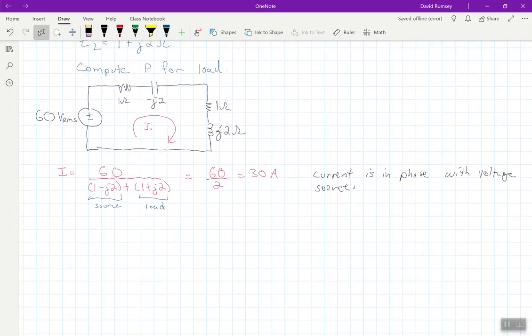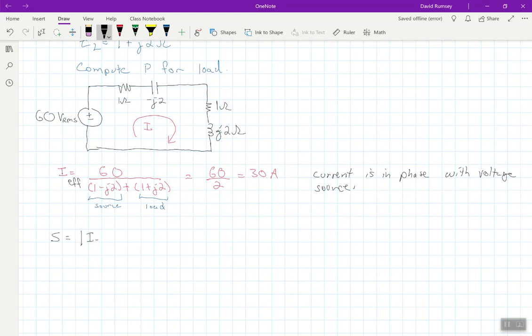And so let's go ahead and compute then what that is. Well, we have my current as 30 amps, which actually makes this computation for the complex power really easy, because it's my current squared, because we're in effective here. Maybe I should have emphasized this.